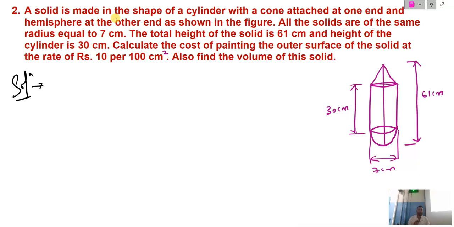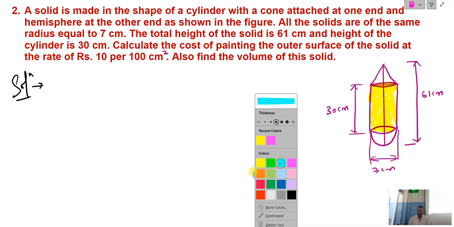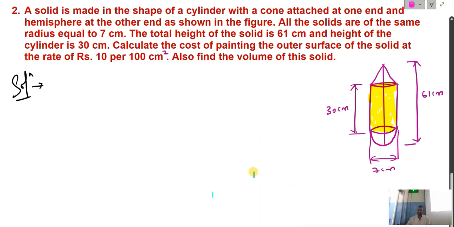Here we have got two questions in hand. Now let me consider. As we know, they have given the cylinder. Am I right? Here we have one cylinder. This is the shape of a cylinder. At one end, a cone is attached. Can you see this? At this end, we have a cone.